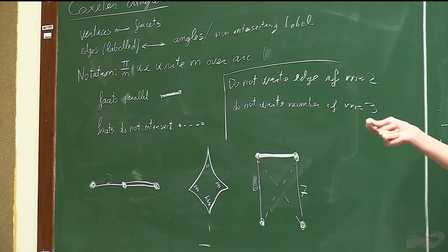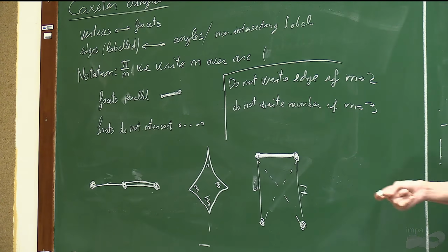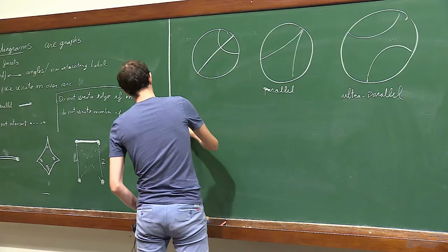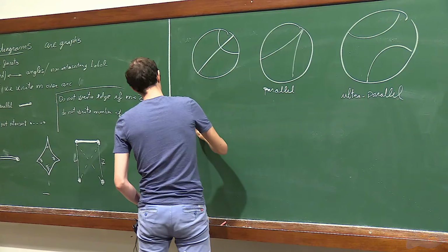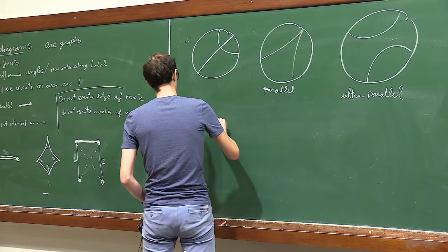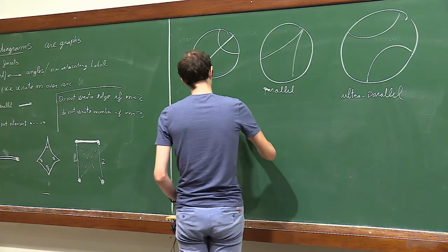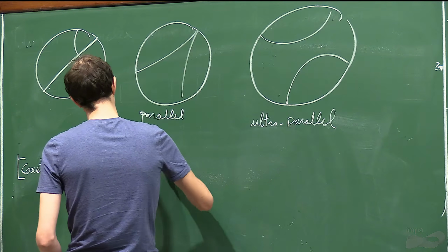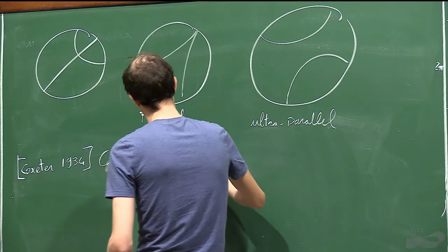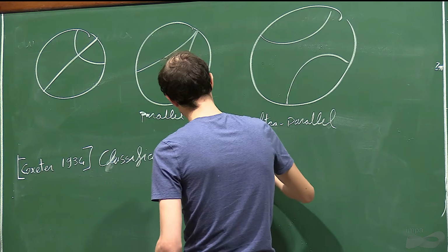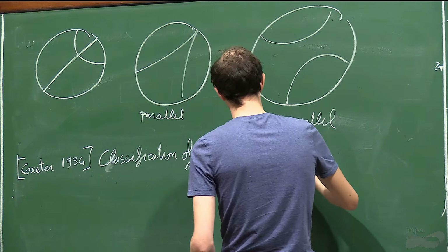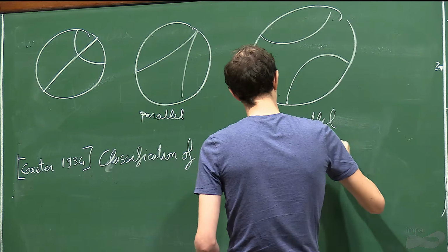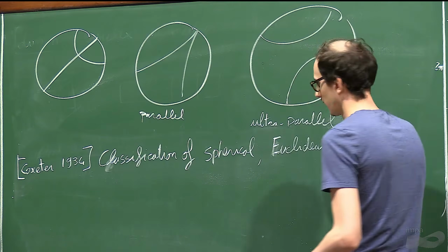For example, first, there's a result of Coxeter, I think from 1934, a complete classification of the spherical and the Euclidean Coxeter polytopes.